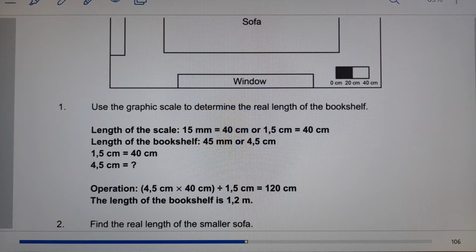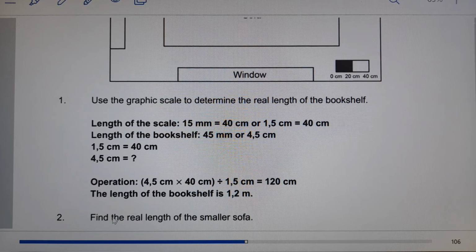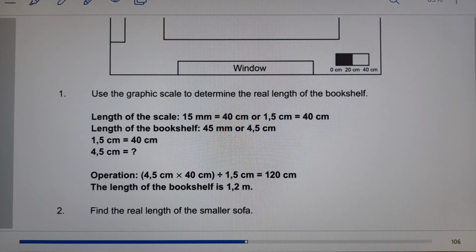So now let's continue. They say find the real length of the smaller sofa. So I will still use this. They gave me the length of the scale, which is 1.5 centimeter to 40 centimeter. The important thing, I'm going to take the length of the small sofa, which will be my map distance.